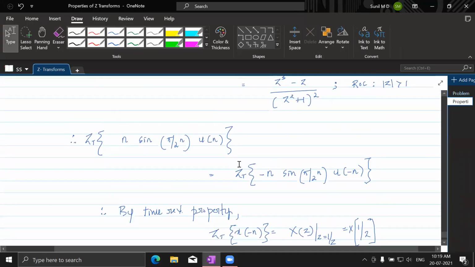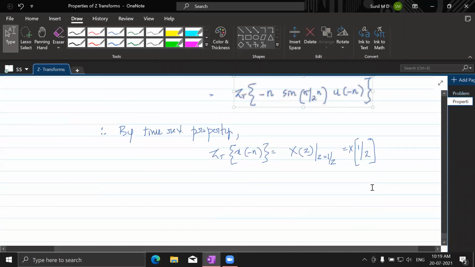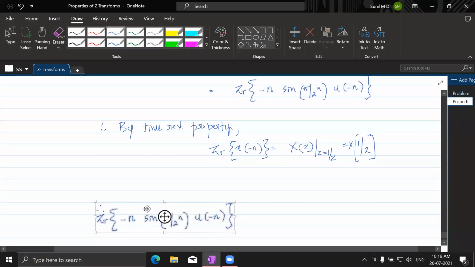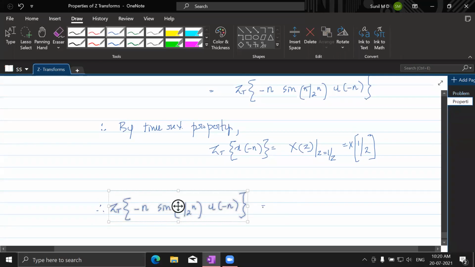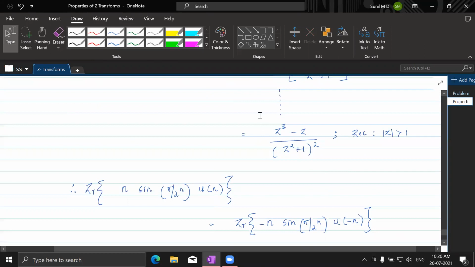So that we need to get from here. Therefore, this is equal to the Z transform of n sine pi by 2 n u of n, in which z is replaced by 1 by z. So the Z transform is obtained here.